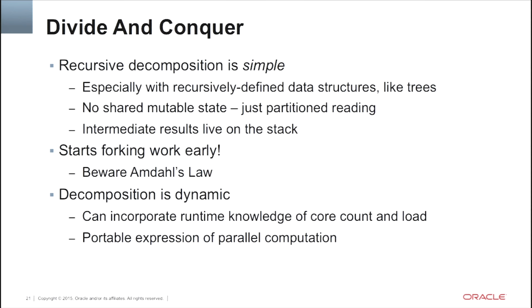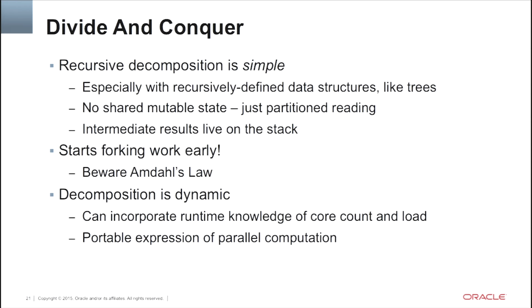So the other cool thing about recursive decomposition is it's dynamic. There's nothing in the code that says decompose it 5 times and then stop. It's keep decomposing until the problem is small enough. And we can incorporate into our decision of should I go sequential or should I decompose some more, in addition to saying I don't want to do that if the problem's too small, I can also at runtime look at how many cores I have and what load I have already put on my parallel task runtime.